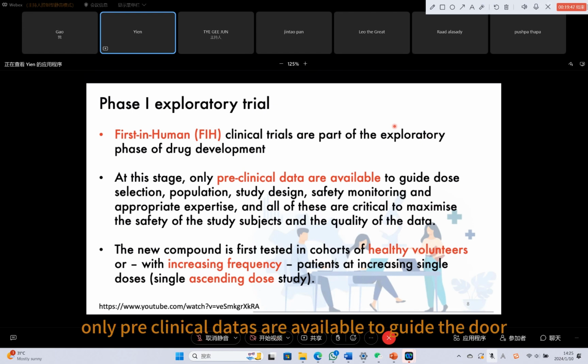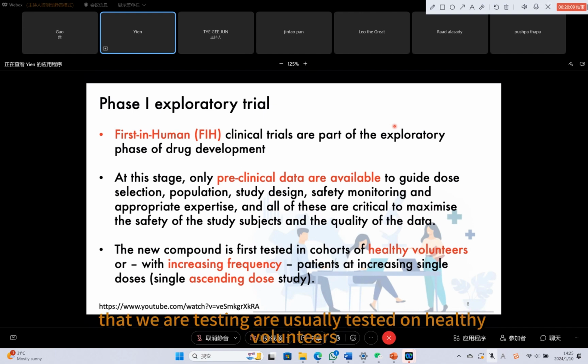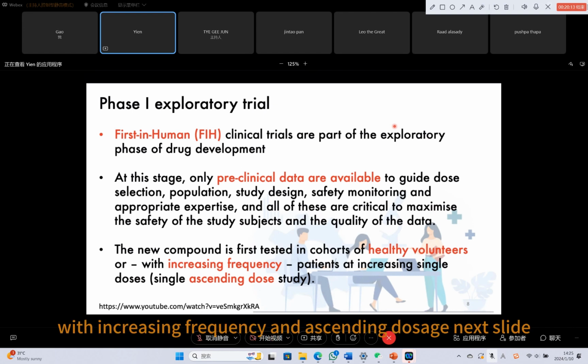At this stage, only preclinical data are available to guide the dose selection, population, study design, and safety monitoring. So appropriate expertise is very important for us to maximize the safety of the study subjects and quality of the data. These new drugs or new compounds that we are testing are usually tested on healthy volunteers with increasing frequency and ascending dosage.